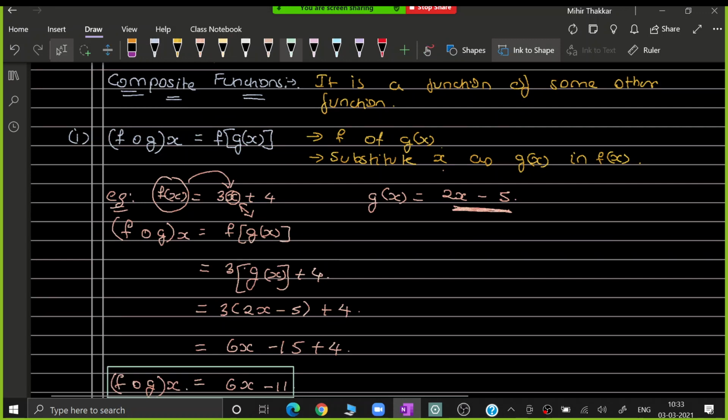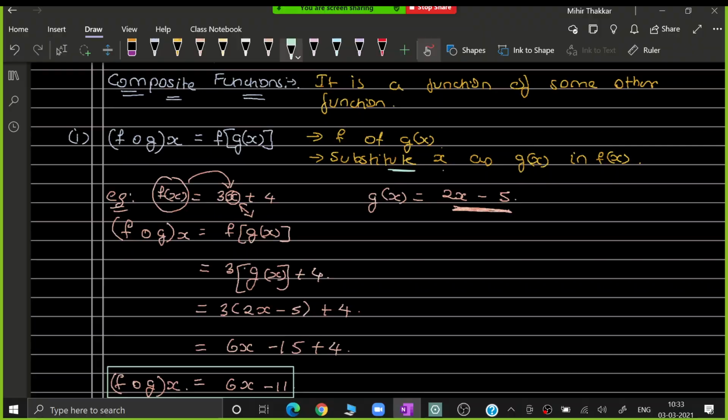See, I'll repeat once again what I am doing over here. All of you just listen very carefully, please. When we want to find f of gx, we have to substitute the x as gx. Where do we substitute? In the function fx. What is your function fx? 3x plus 4. As per my condition, x will be replaced by gx. So you will get here 3 times of gx plus 4.